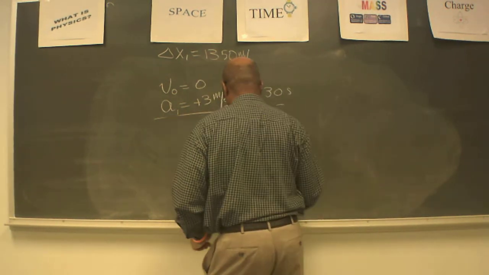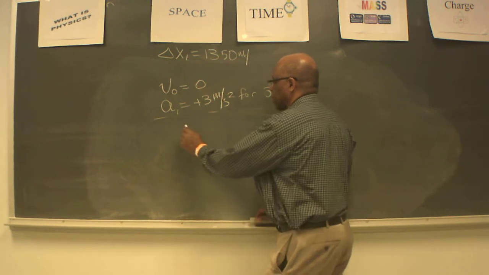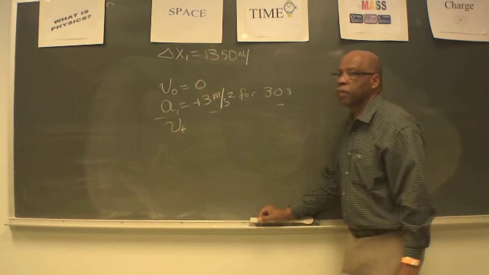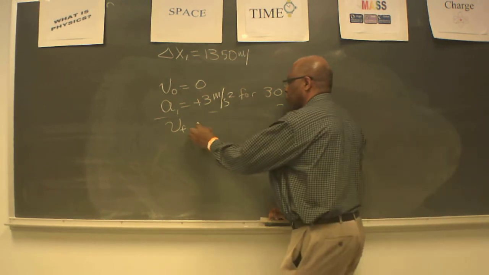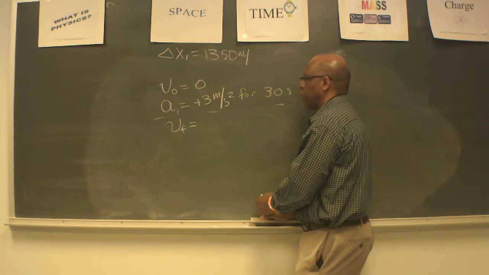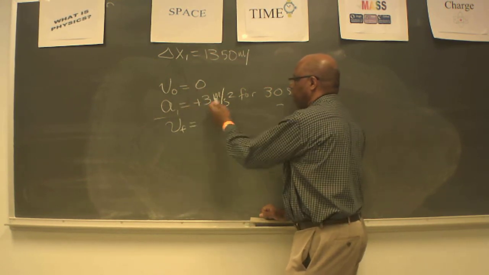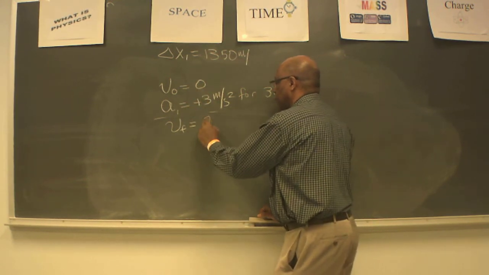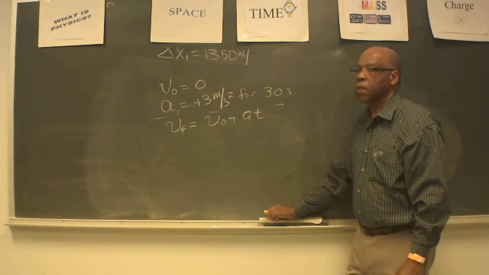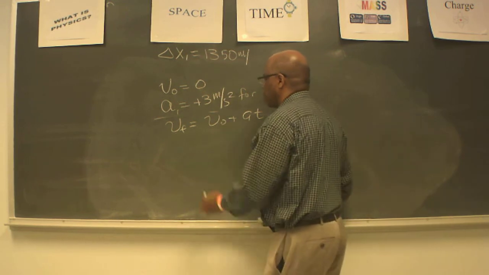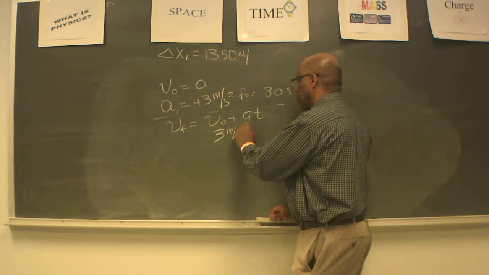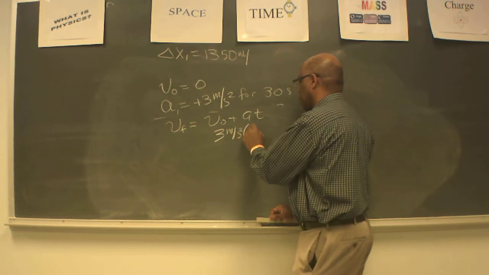Using the same information, except this time we're looking for the final speed over this interval. These are your unknowns. The equation that relates initial velocity, acceleration, and time with the final velocity is that equation, right? You have your initial velocity 0, your acceleration, and your time.